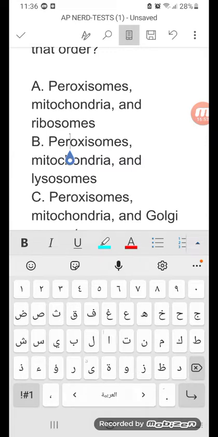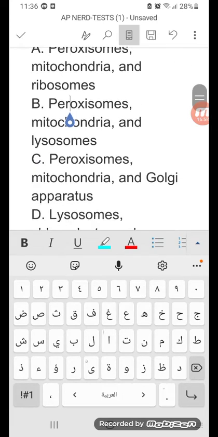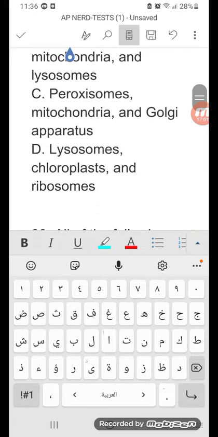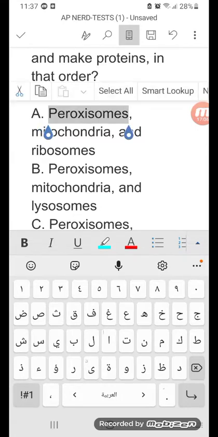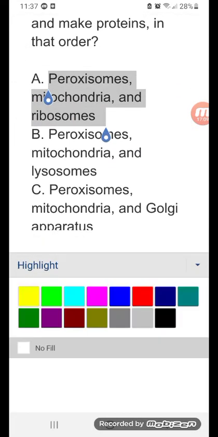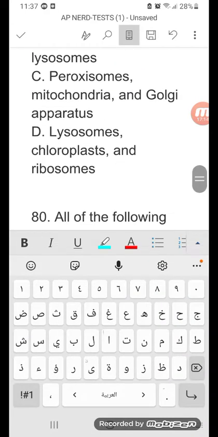Mitochondria for cellular energy, ribosomes for protein. Now, what are lysosomes? Of course, the answer is A. Lysosomes don't have hydrogen peroxide. They have hydrolytic enzymes to break down worn out cells, but they don't contain H2O2.